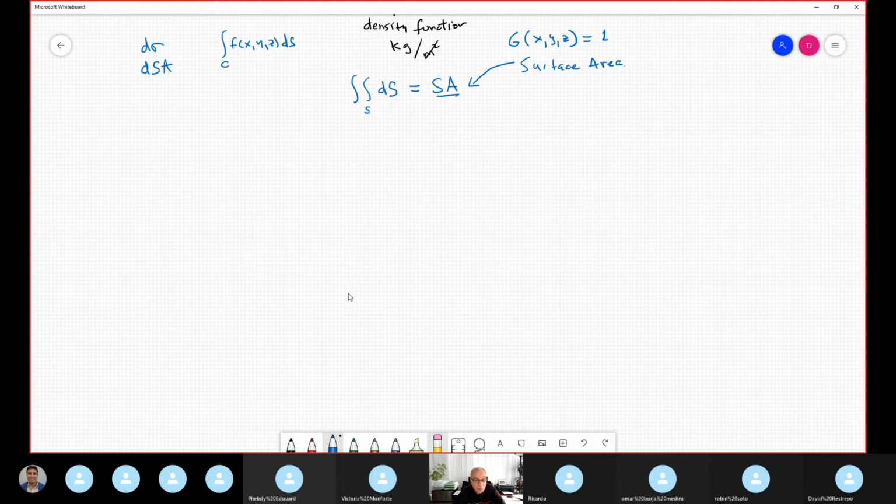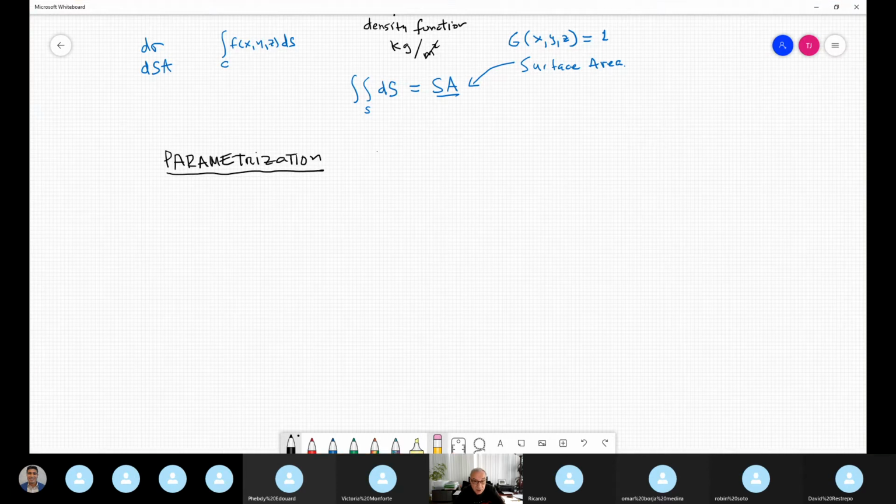Okay. Suppose that I make a decision to compute the surface integral using parameterization. And then I know very well the parameterization.